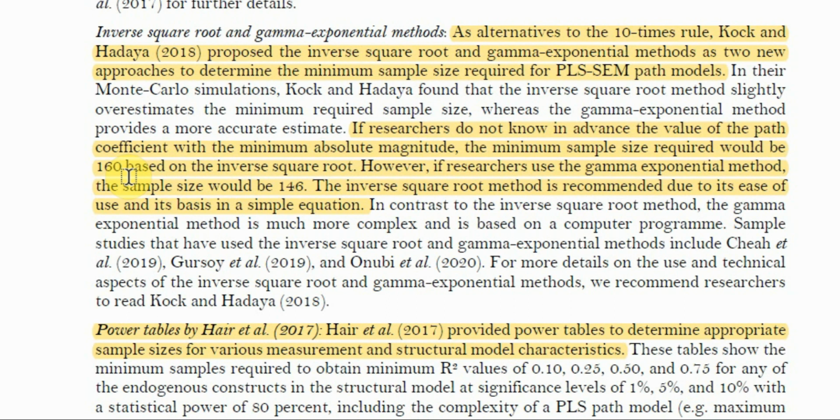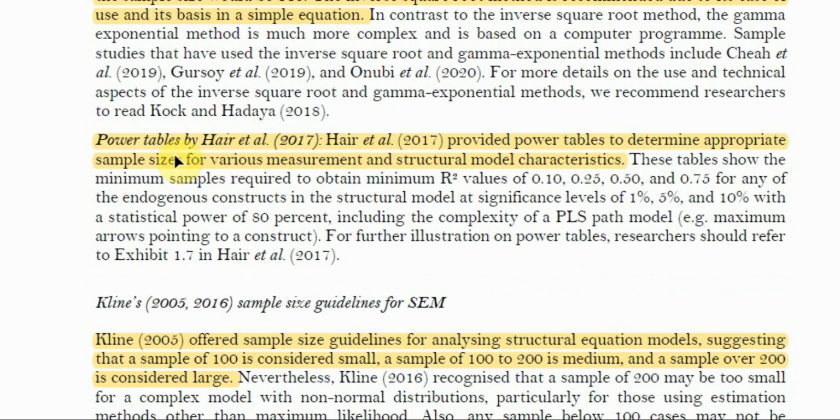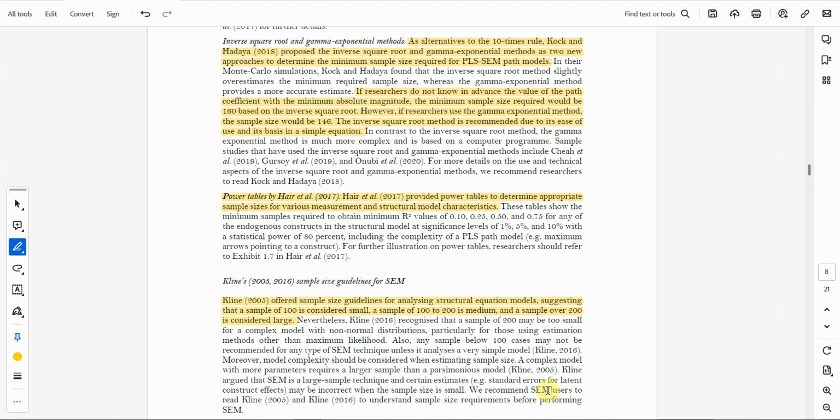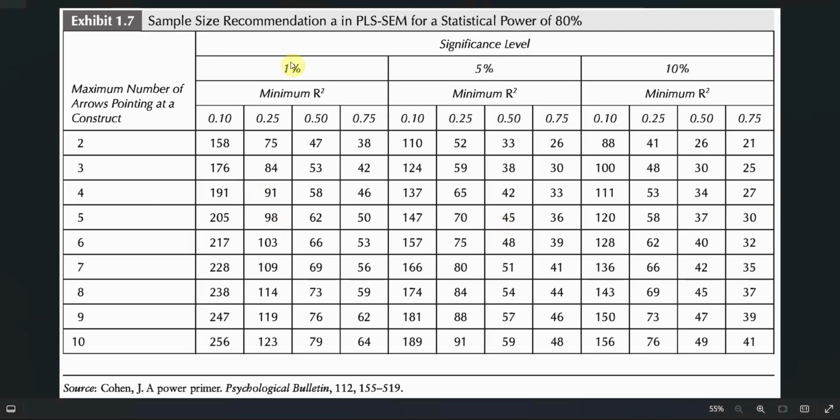Then there is another method in PLS-SEM, and that is the power table by Hair et al. And what does the power table look like? Here it is. Here is the table by Hair et al. In social sciences, we normally use the significance level of 5%. Now what minimum R square do you require?